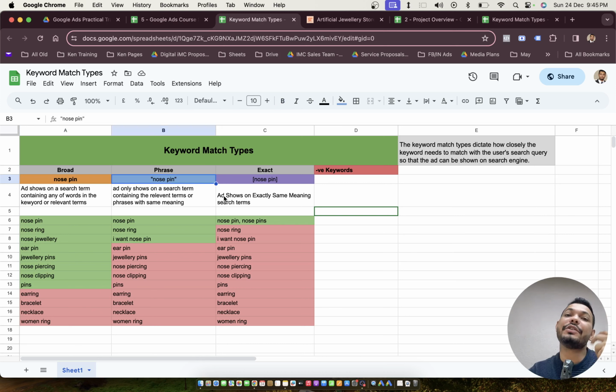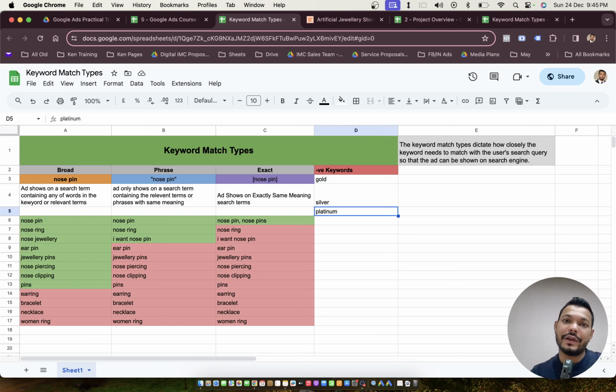Now, being an artificial jewelry store means we are not selling gold, silver, or platinum based products, right? In that case, we shall be blocking terms like gold in negative, silver in negative, or maybe platinum in negative, right? Because you don't want to serve the ads to someone who is looking for a gold nose pin, just because we don't sell any gold nose pin.